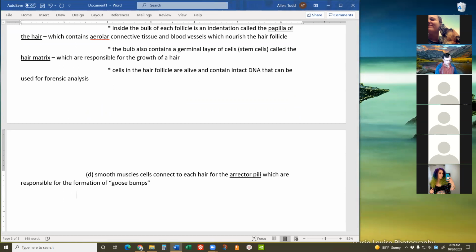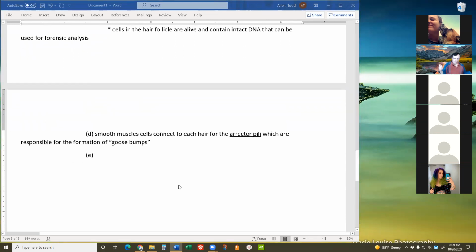One final thing here. Around each hair follicle, you are going to find the hair root plexus. You can see that again in panel A of figure 5.4.